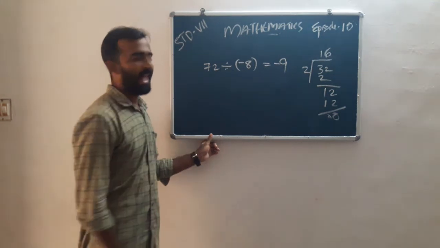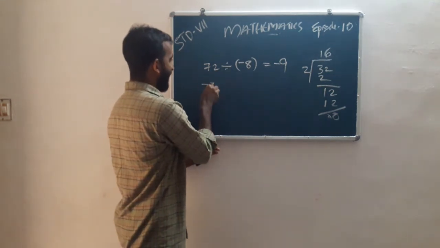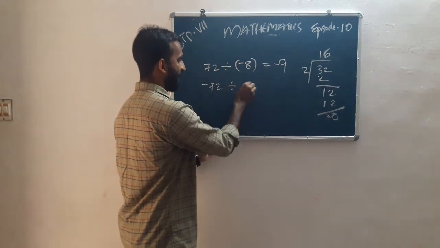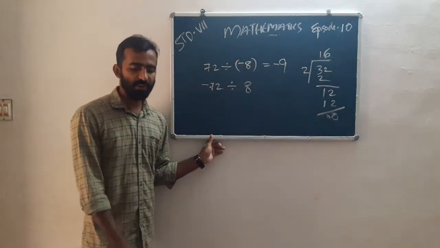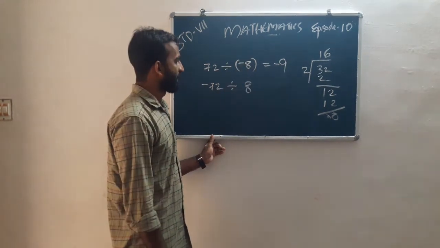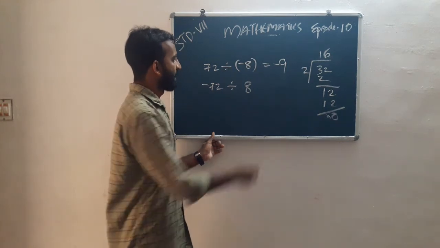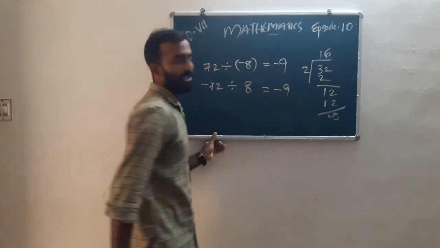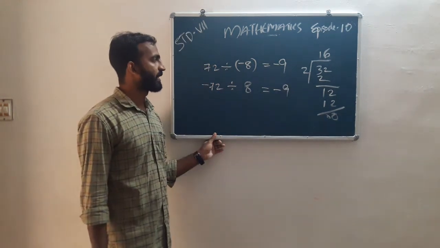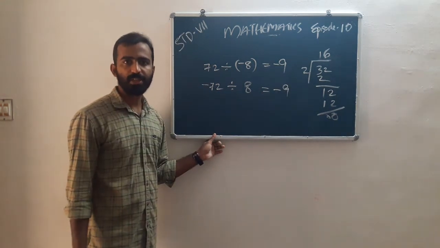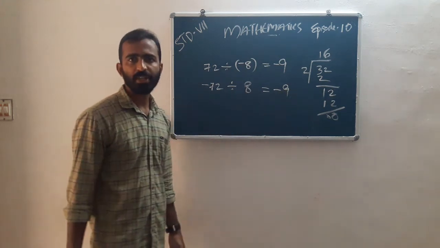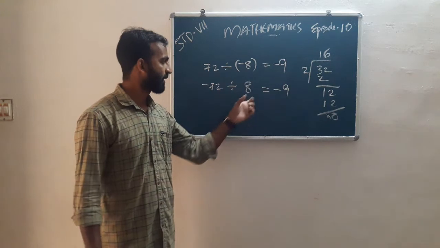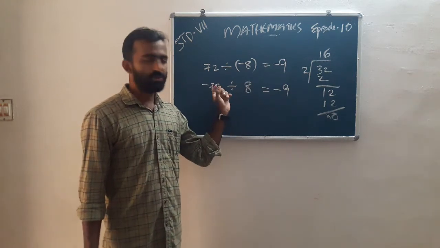And negative 72 divided by 8, here also we get negative 9. 9 into 8 we get 72.